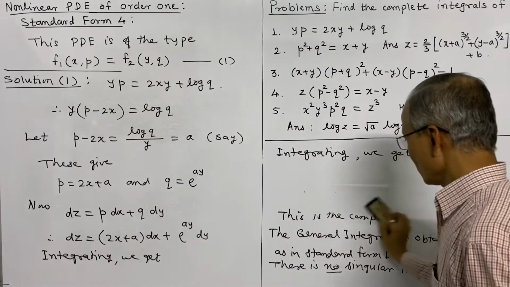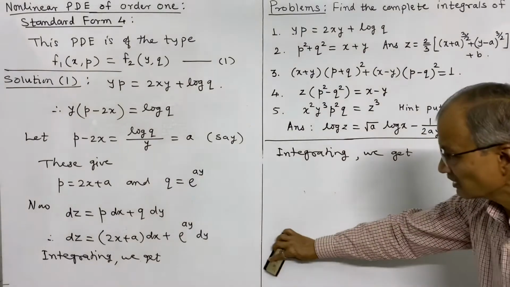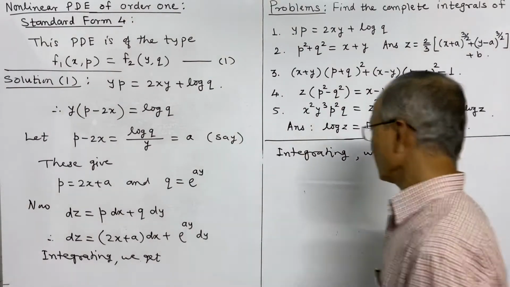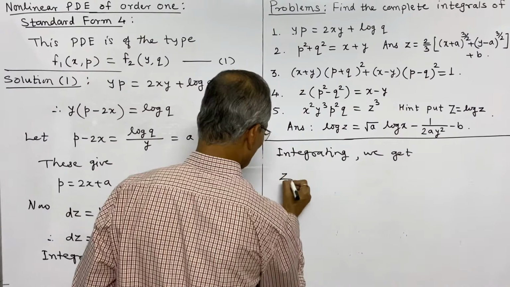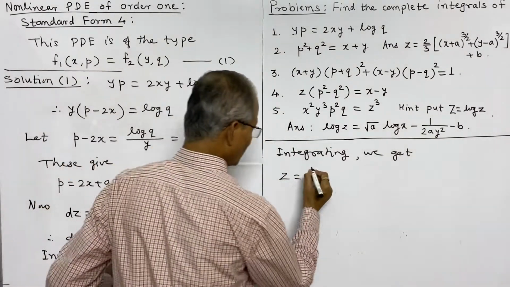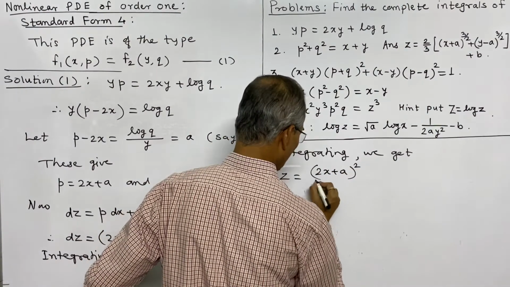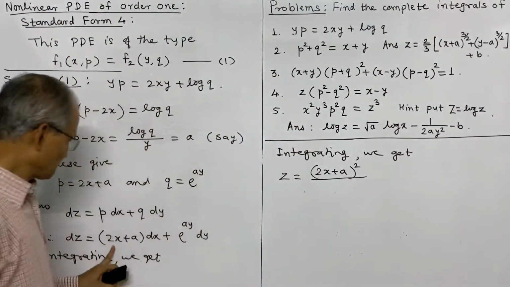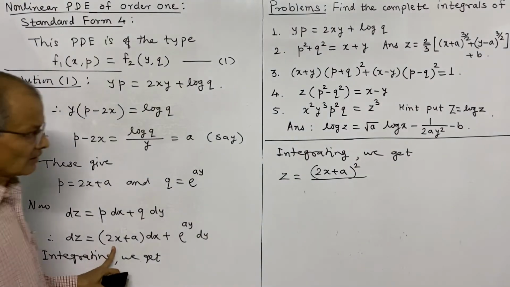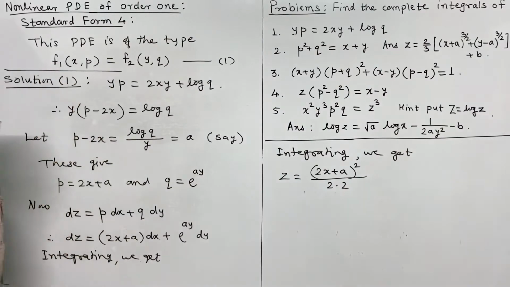The integration of dz is z, and on the right side the integration of 2x plus a is 2x plus a whole square divided by 2 into 2, because the coefficient of x is 2.